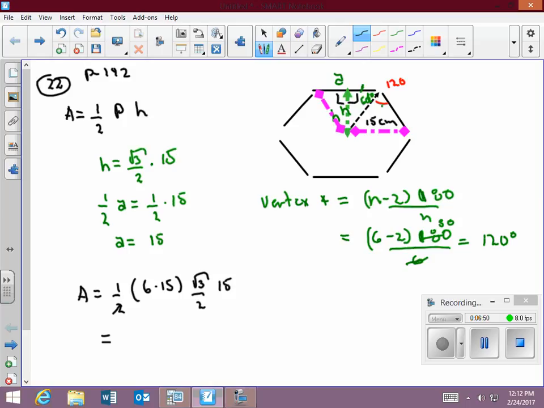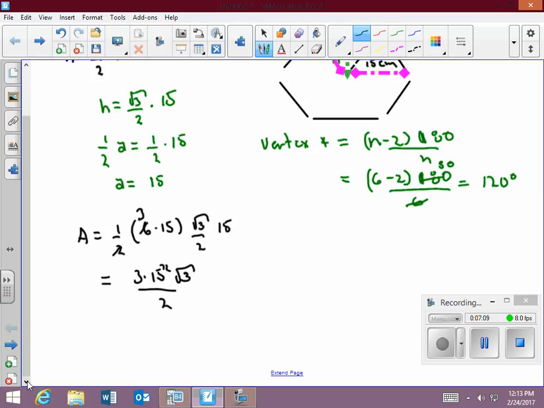So that's 3, and then what you'll have is 3 times 15 squared, square root of 3 over 2. That's what the area is.